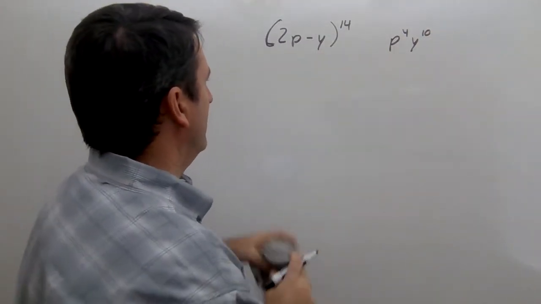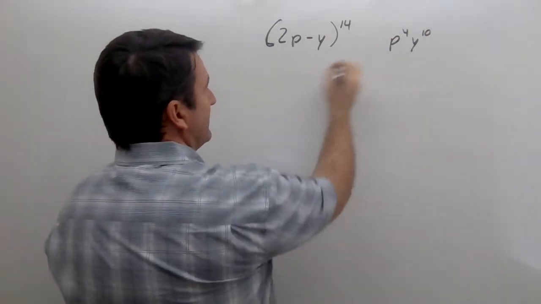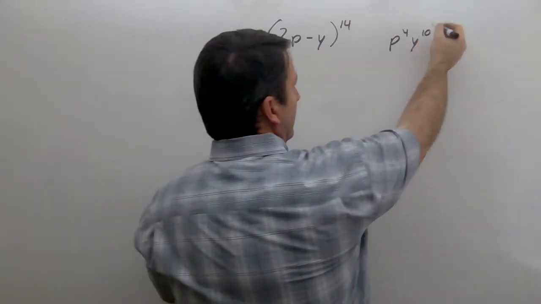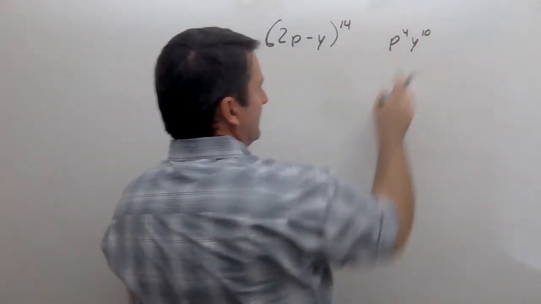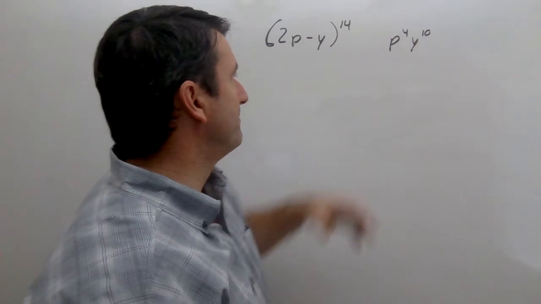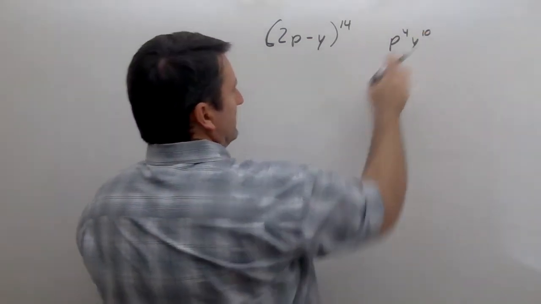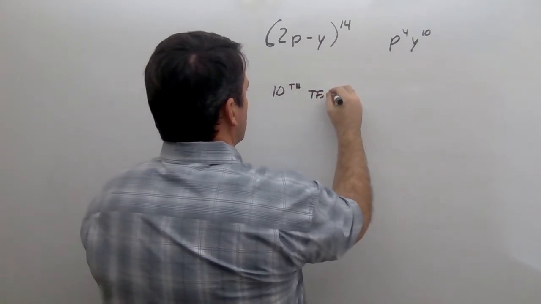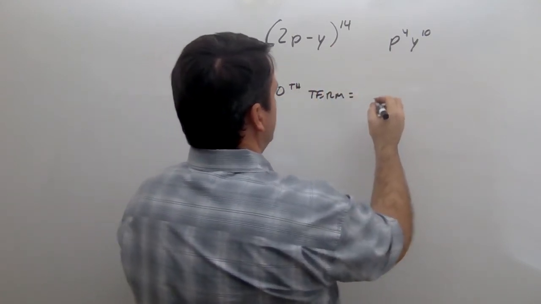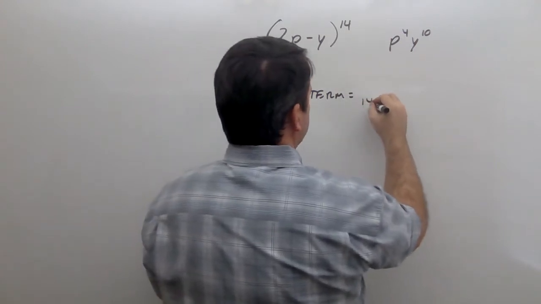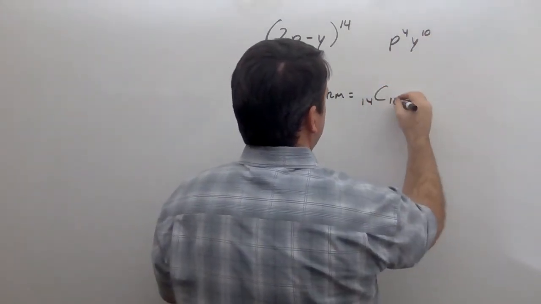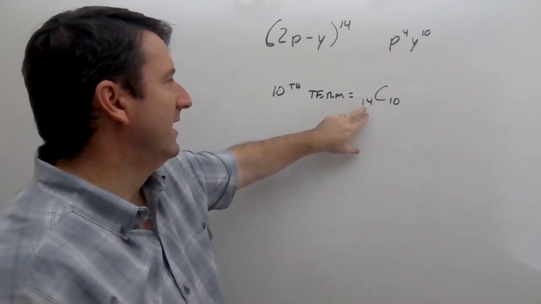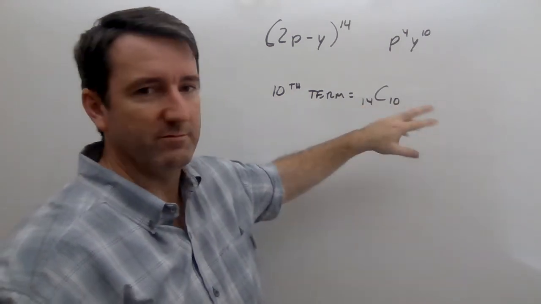All right, so our binomial formula says that the 10th term, that's what we're trying to find. This is our r here, the power on this second variable. So we're trying to find the 10th term, and that's going to be equal to n, which is 14, choose r, which is 10, and that means the number of ways that you can arrange a group of 14 into groups of 10.